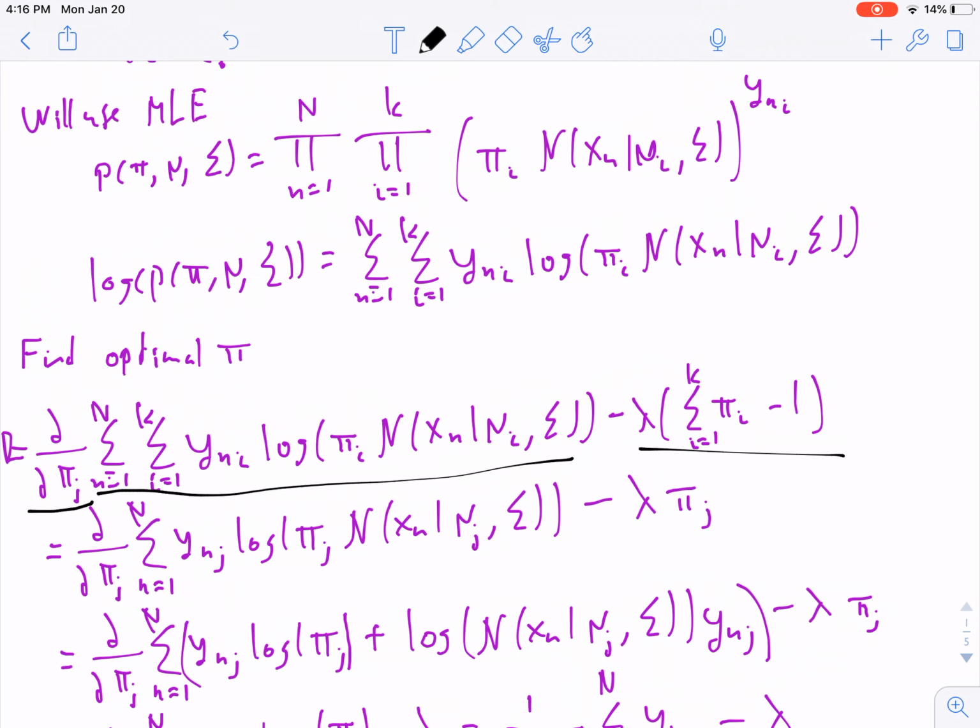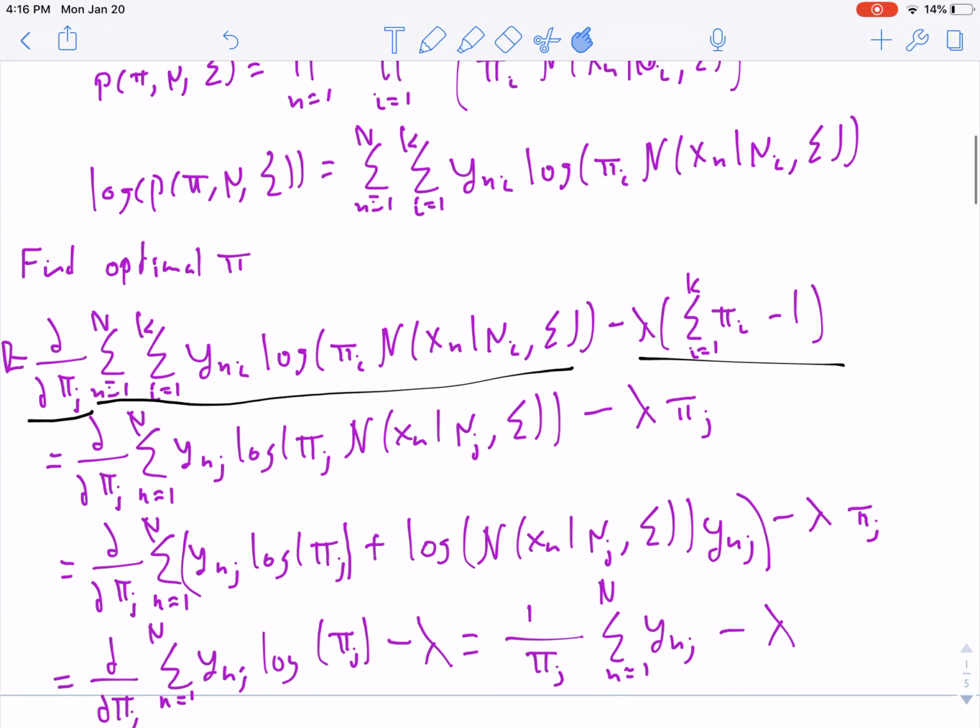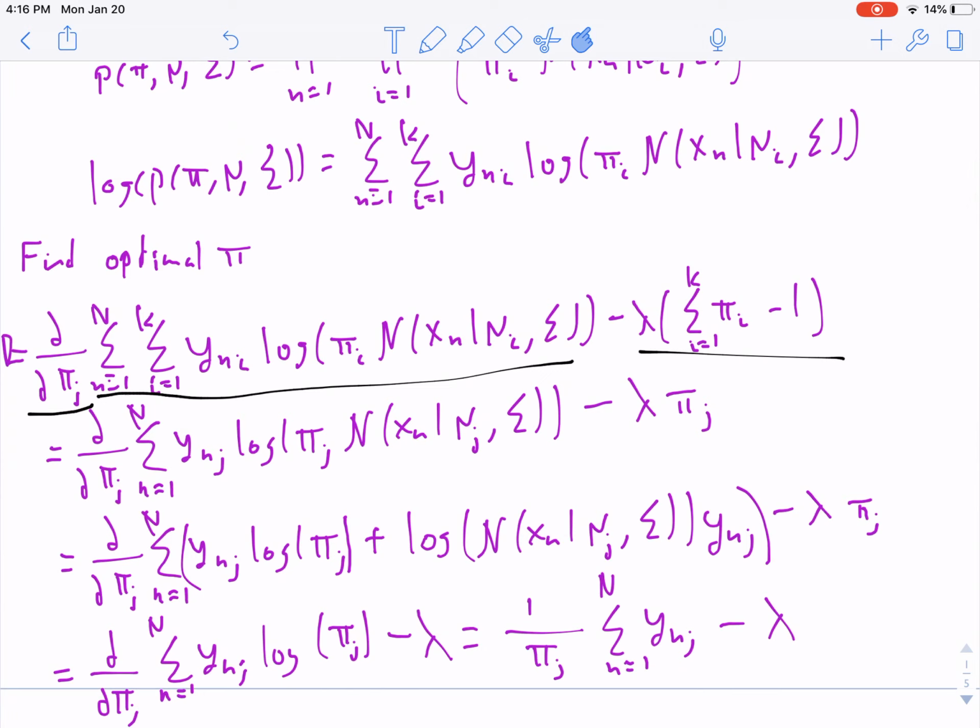in one class. And now we're going to start getting rid of terms that are not dependent on pi j, because when you take the derivative with respect to pi j, those terms will just go to 0. So we can just get rid of them now.